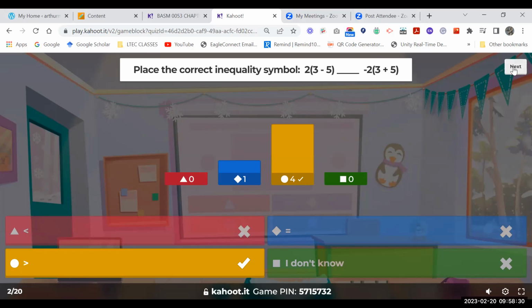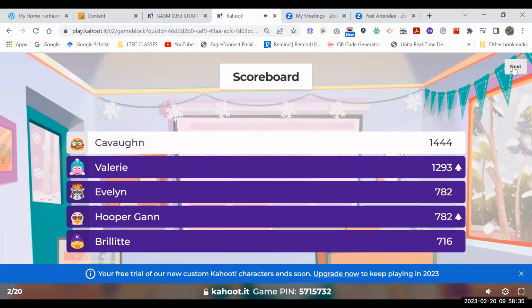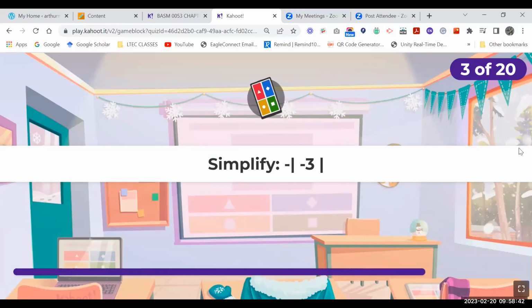All right, let's see. The lead is getting further. Oh, wow, 3rd place. Oh, shoot.